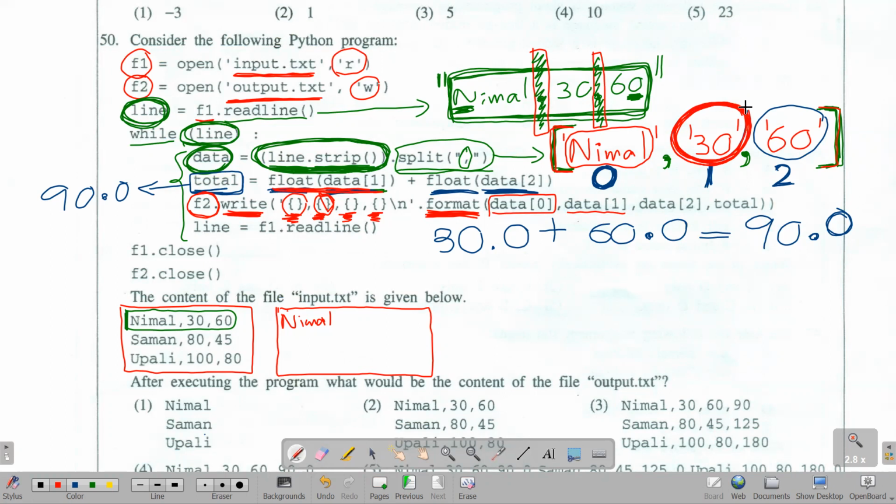So that means after this placeholder, there is a comma over here. So comma, 30 will be taken. Right? Then another comma. This placeholder goes with data 2. That means 60.